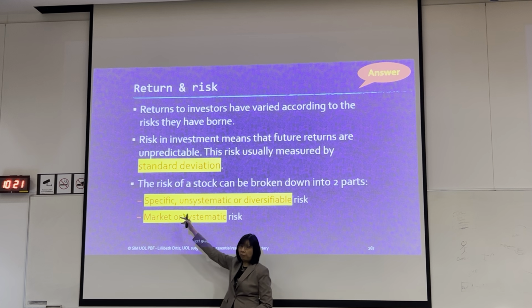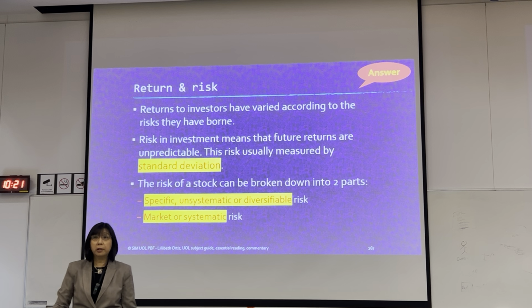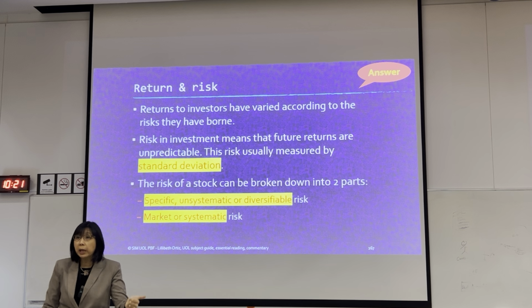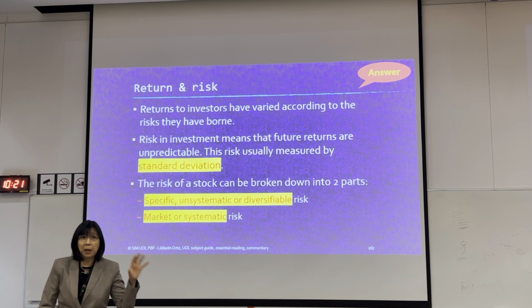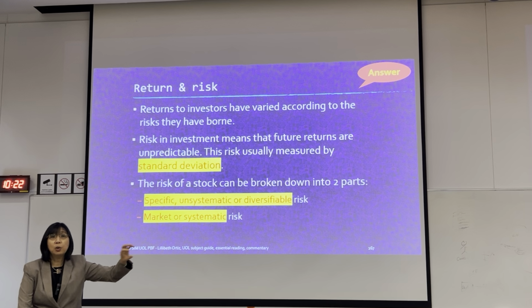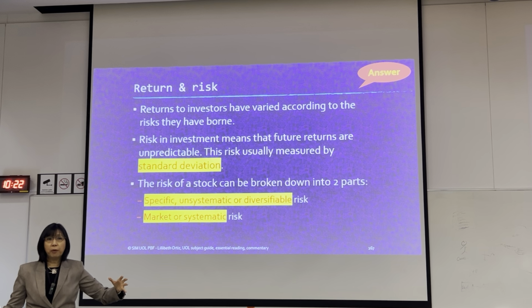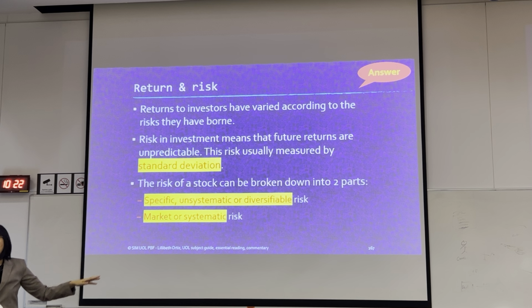So it's specific, it could be also called unsystematic, or it's also called diversifiable risk, or it's also called unique risk, or you may also see it called idiosyncratic risk. It's so many names. But basically this is the unsystematic risk that you can diversify away, right? When you have a diversified portfolio. The market risk, or the so-called systematic risk, affects everyone. So you cannot diversify this away, no matter what, right?